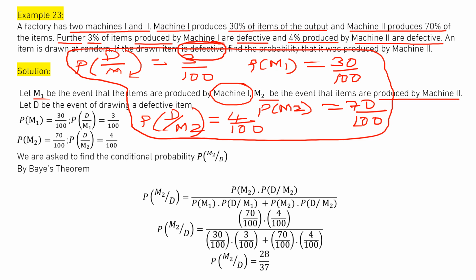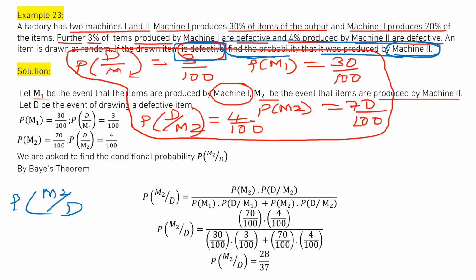Find the probability that it was produced by machine 2. So here remember, you have already chosen a defective item. So the event of choosing a defective item has already happened. Now what is the question? It has to come from machine number 2. So you need to calculate probability of M2 given D.